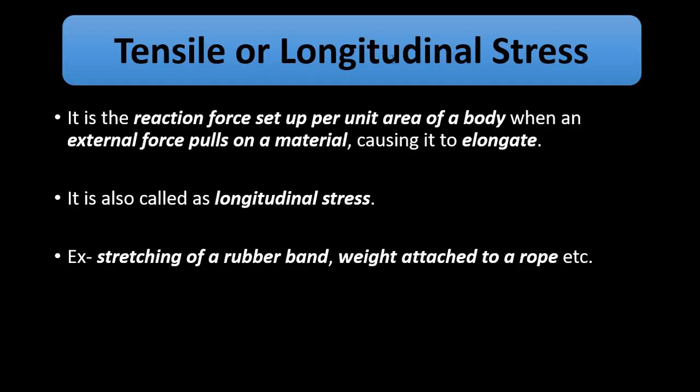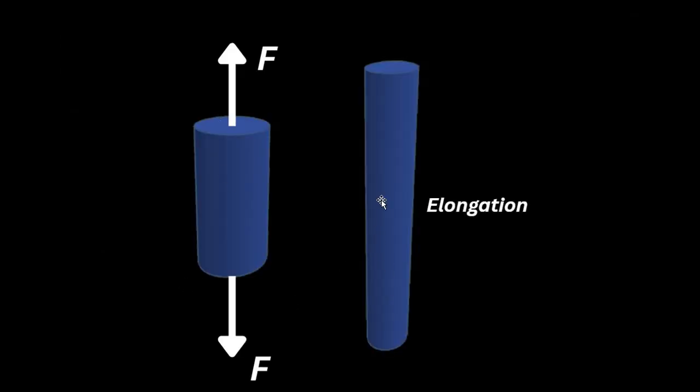So tensile or longitudinal stress is that reaction force which is generated per unit area of a body under the application of an external force which pulls a material from both sides or from one side, which causes an increase in the length of the material. The external force causes it to elongate.